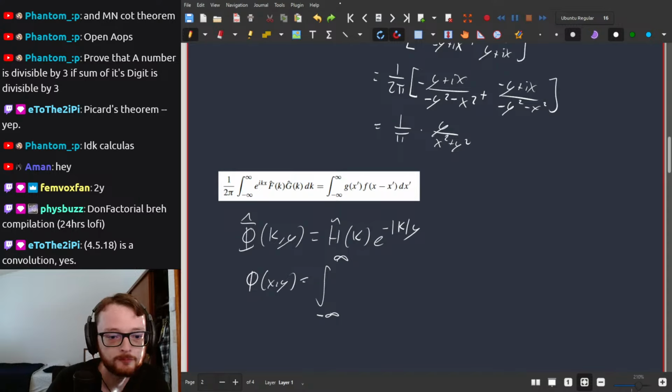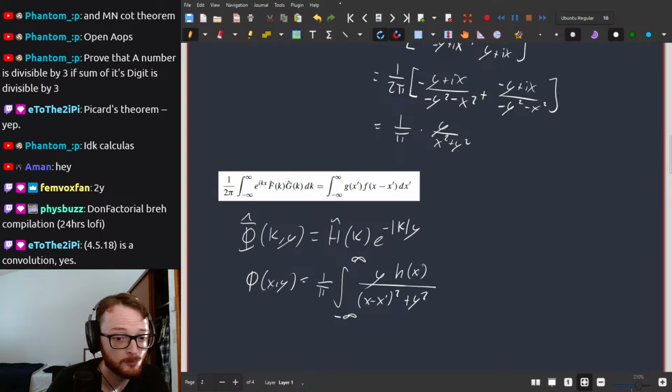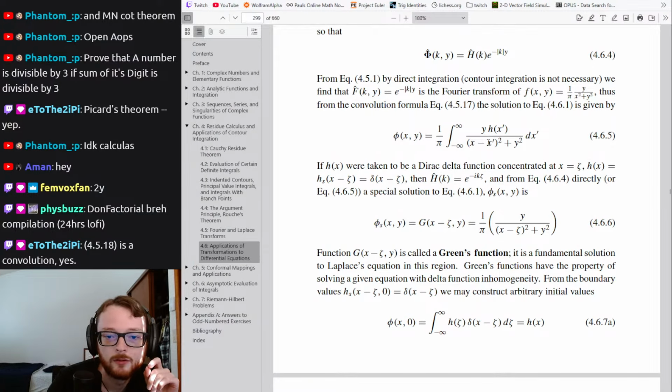So the 1 over pi can come out from y over x minus x prime squared plus y squared times the just h of x prime dx prime. That does match. Okay, good.